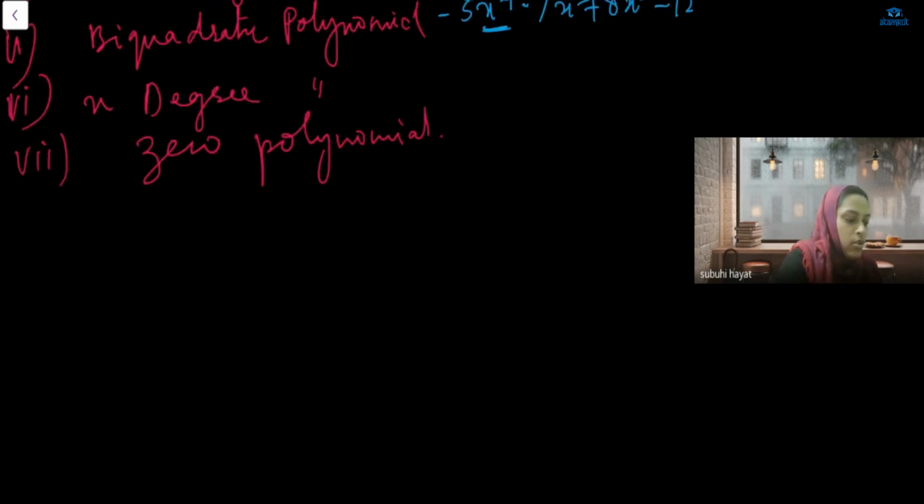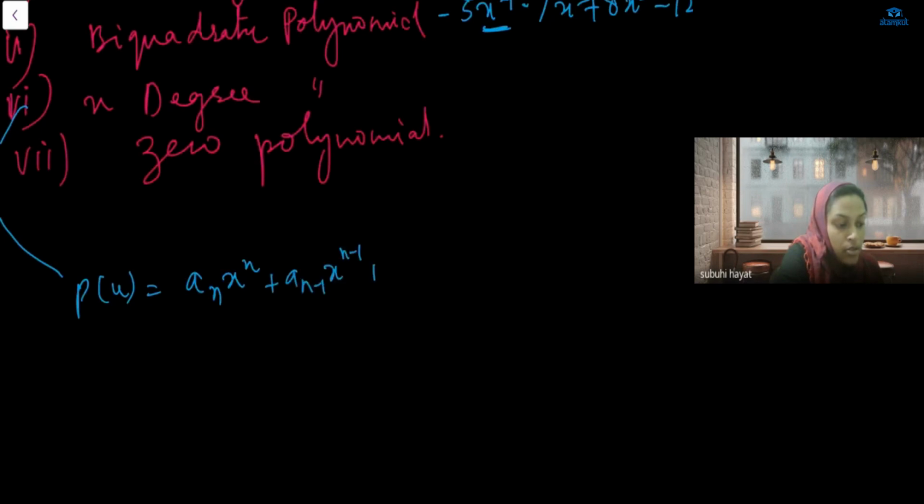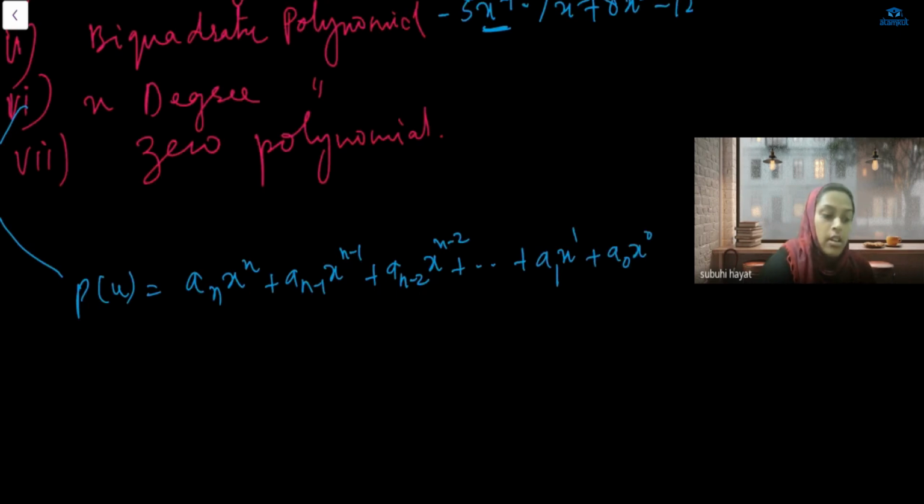So p(x) is equal to, you have seen this general expression here: a_n x to the power n plus a_(n-1) x to the power n minus 1 plus a_(n-2) x to the power n minus 2, plus and so on, plus a_1 x to the power 1 plus a_0 x to the power 0, which becomes a constant.